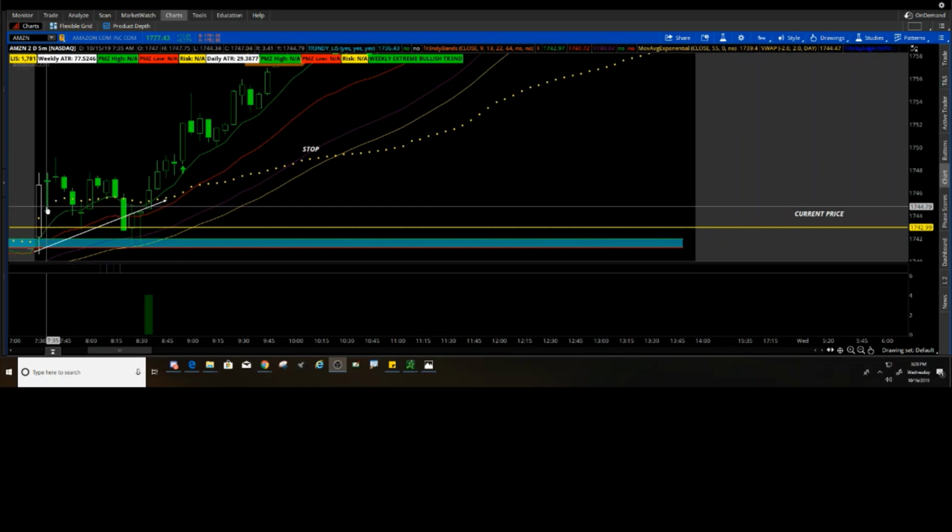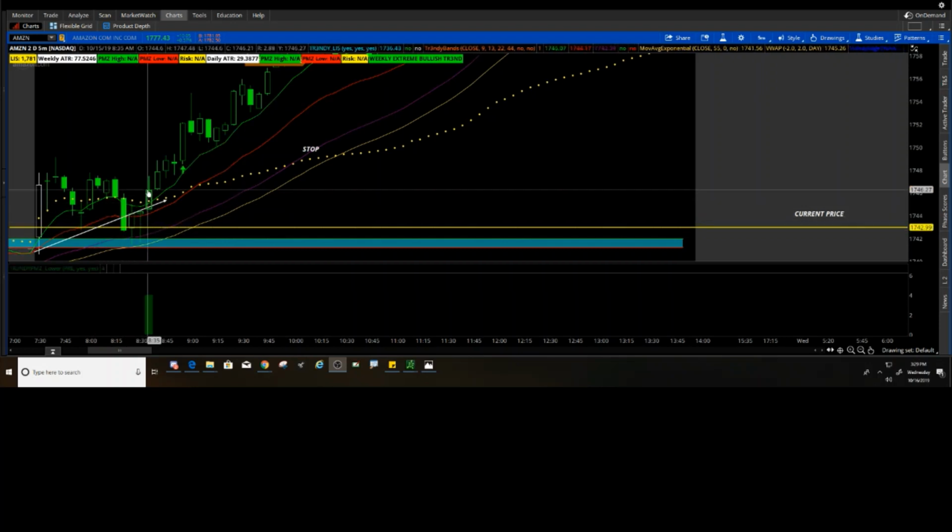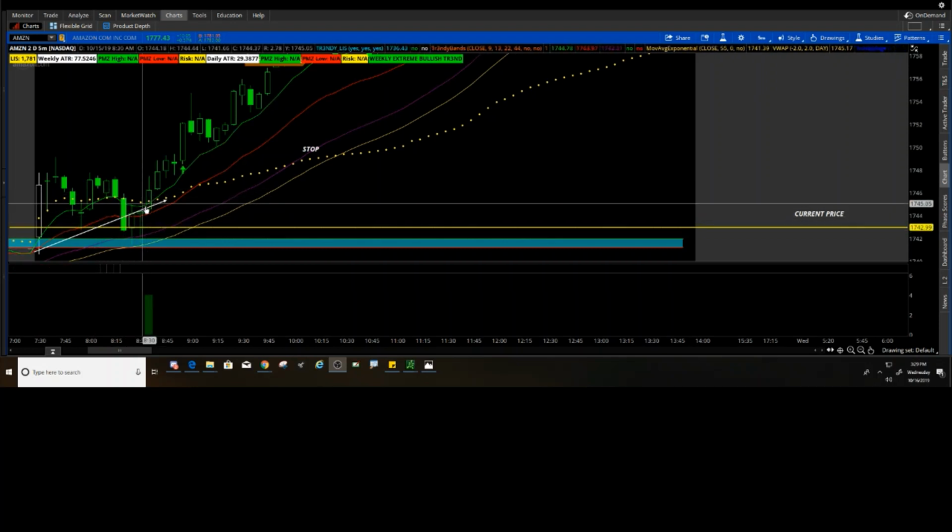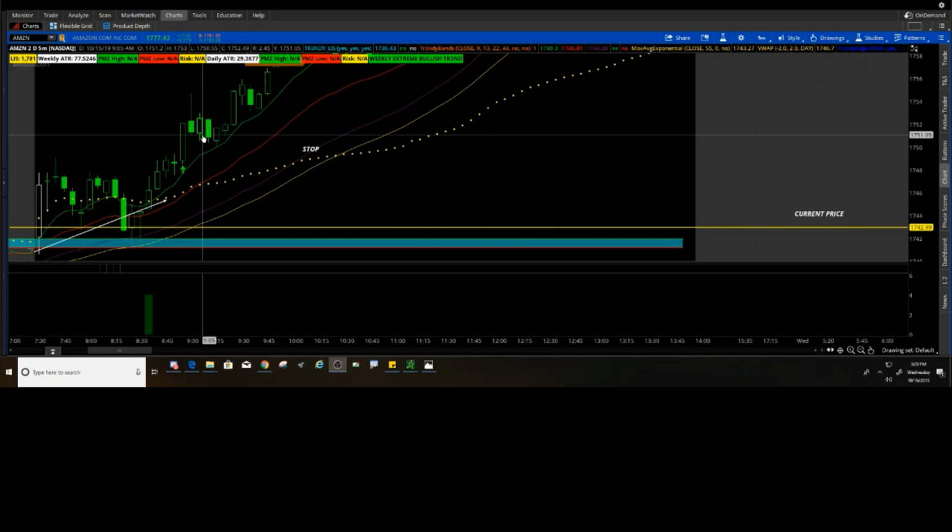I'll get to that in a second and tell you what it means to front run and what it means to wait, and how I trade those separately. Once all of this criteria is met, then I'm looking to go long. As you all know, I will be providing targets and so forth, and we will also have a video on targets so that you can understand how to find those targets.